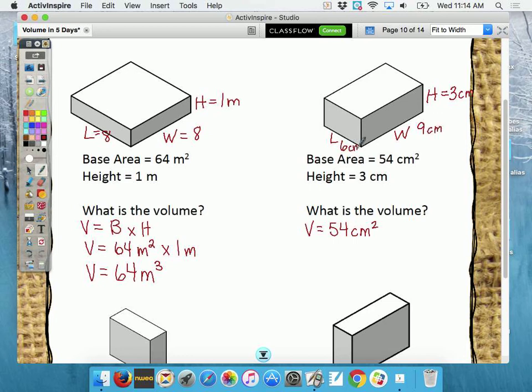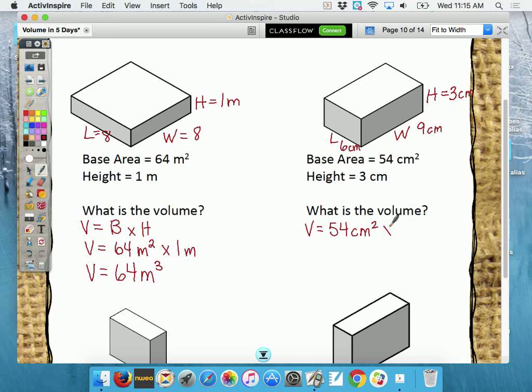Okay, and we're just doing that because the more we learn about labeling these diagrams, the more successful you'll be when you do the problems, okay? The problems are what mess you up. If I had a problem that I didn't understand, what do you think I would do first? I'd draw the thing, and then I'd label what I know. I wouldn't just pull the numbers out of the air and try and multiply them. I would make sure, okay?